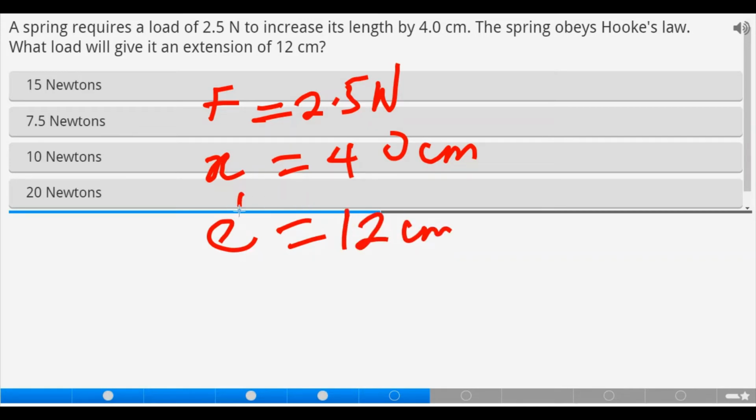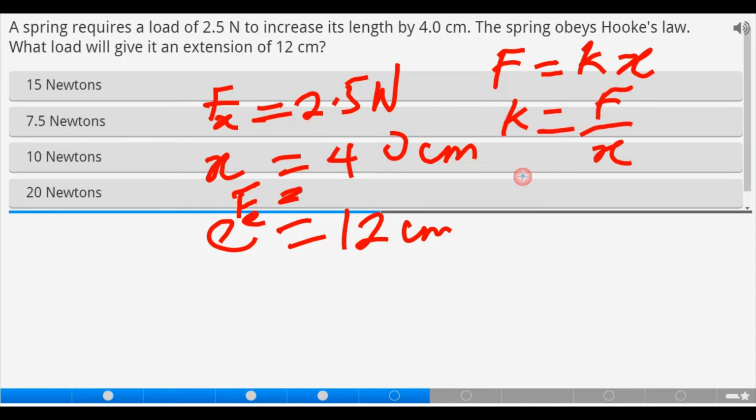So we want to know the F that is associated with e. We know the F that is associated with x. But at first, we know F is equal to what? Kx. So let's find the stiffness constant K. That is F over x. K now is equal to 2.5 divided by 4.